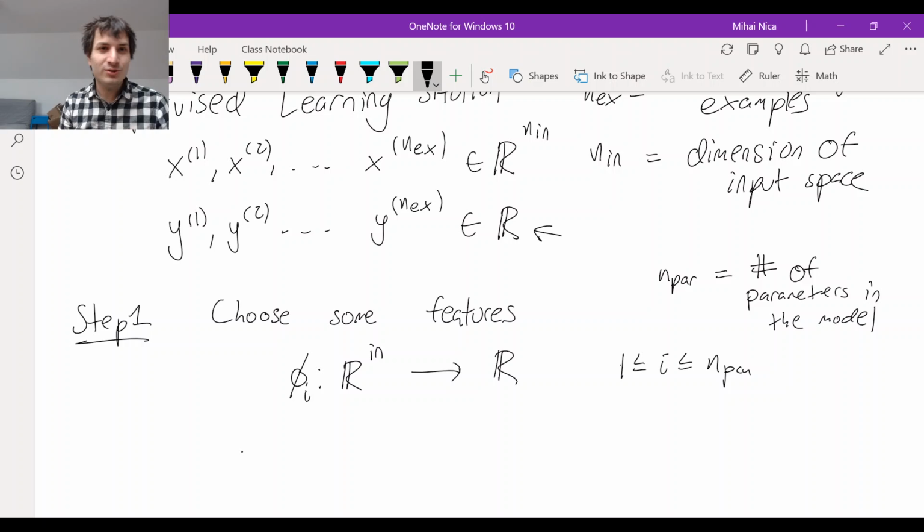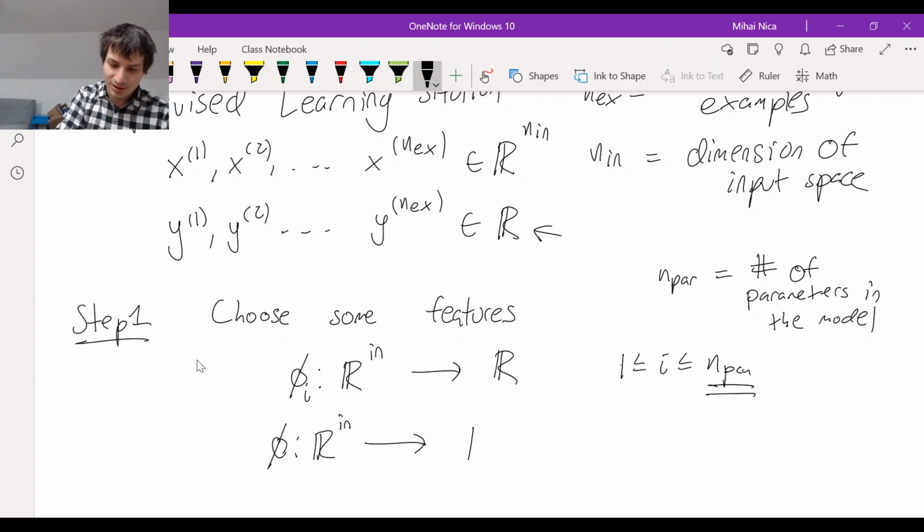Maybe one feature tells you, is it a black cat? Maybe one feature tells you, how big is the cat's nose? So phi_i is supposed to represent some feature that is relevant to the problem, and phi_i of the input tells you how much of that feature appears or not. So that's the high level idea of what these features are. We have many of them, so n_par is some big number, and we combine them all to make a vector. So you can think of this all together, phi is going to be some map that goes from R^n_in to R^n_par.